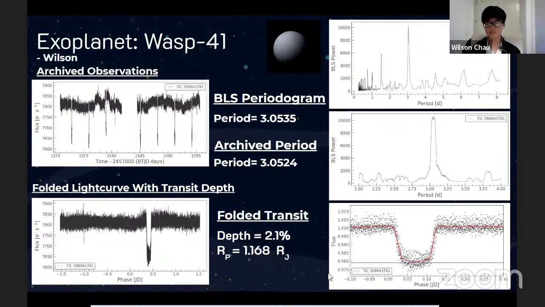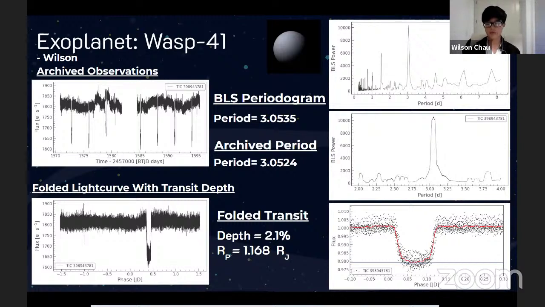For my research, I found that the period was around 3 days, 3.0535 days. The archive period, which is what we got from the NASA Exoplanet Archive, is 3.0524, so it's off by only about 0.001. There's not much of a difference, so we know that the archive and my research checked out.